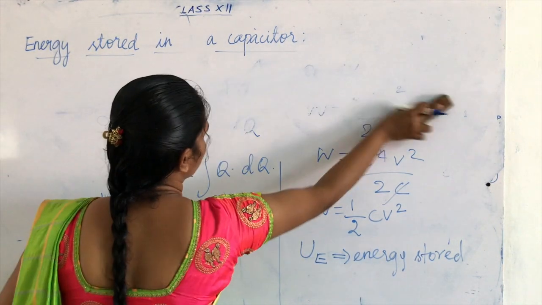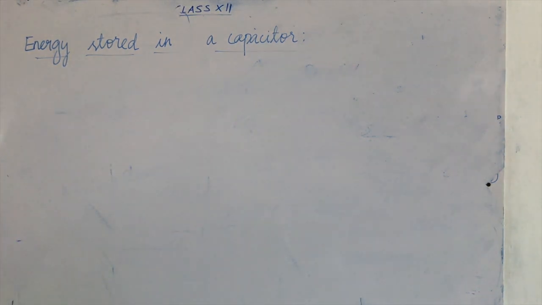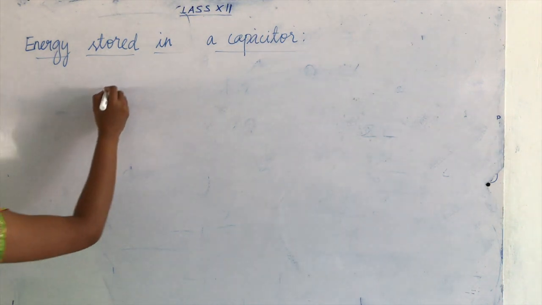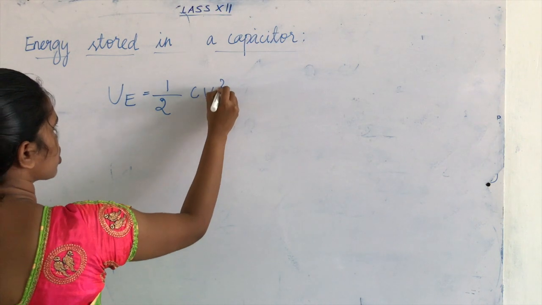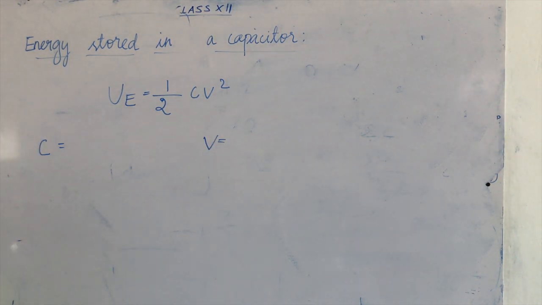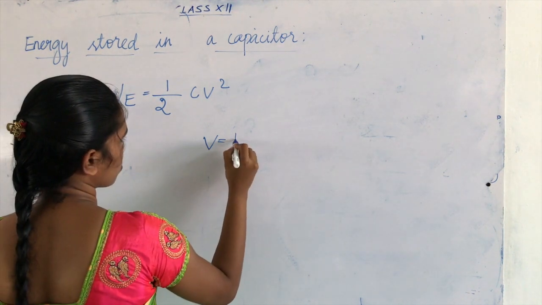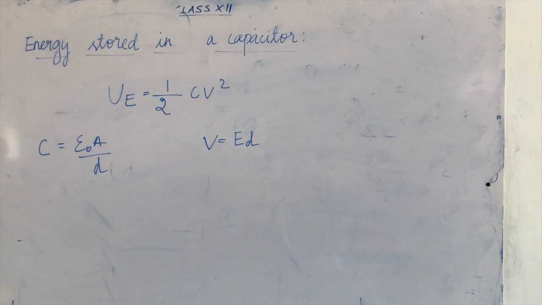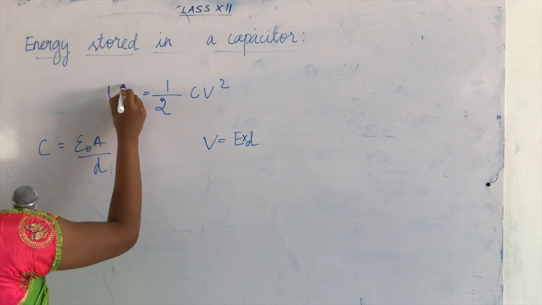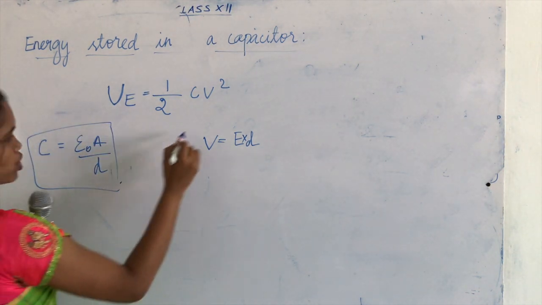So UE equals... there is an expression for C and there is an expression for V. Now, UE, the energy stored, equals 1 by 2 CV square, and C equals epsilon naught A by D, V equals E cross D. It is an expression in physics.